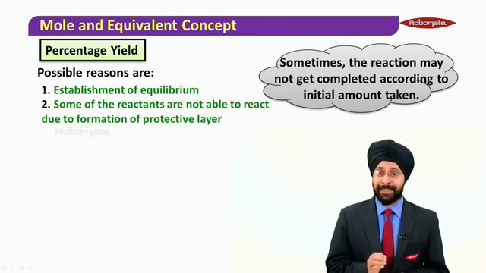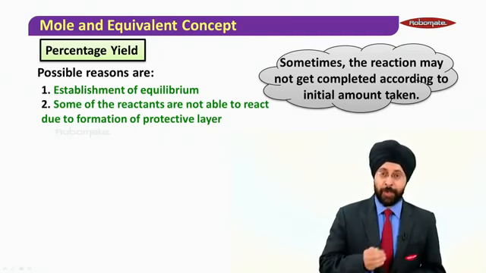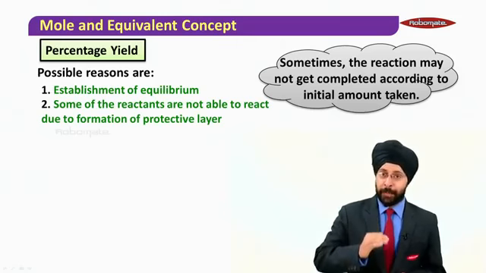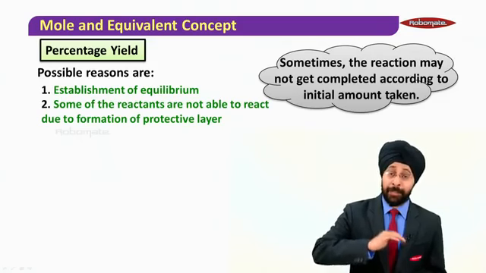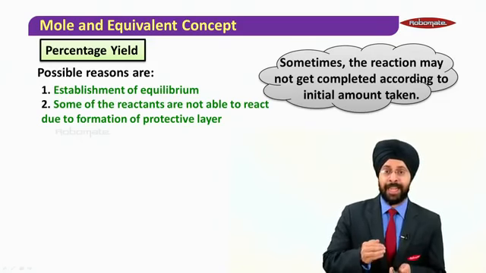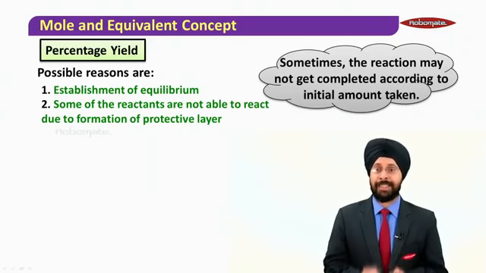Now for the second reason, some of the reactants are not able to react due to formation of a protective layer. Suppose करो एक solid है, उसके ऊपर हमने कुछ एक liquid डाला, that reacts with the surface and then covers it up. Now the remaining solid cannot react and therefore we will not get the actual amount that we are thinking.